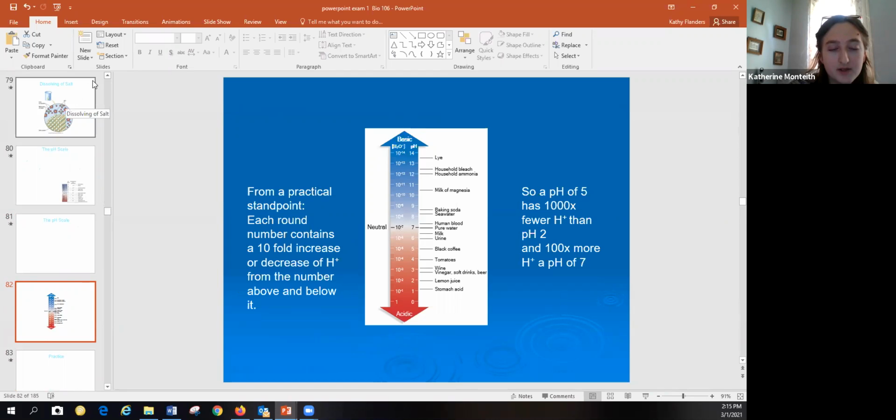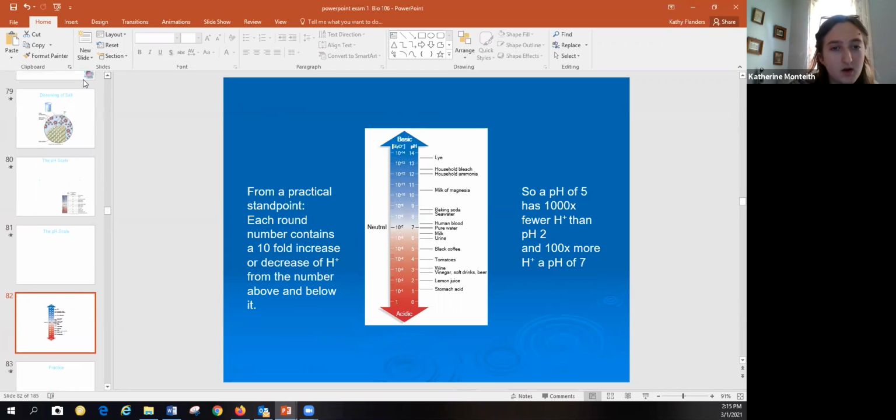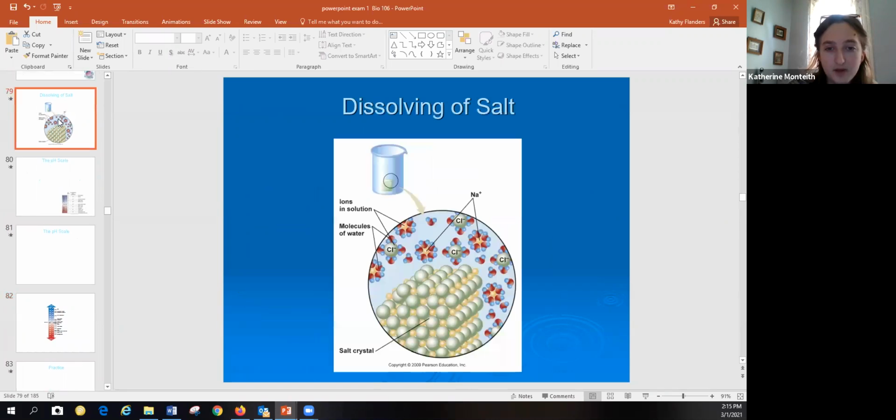When the salt goes into the water and it becomes a solution, were there different titles of what the salt was and what the water was before? Yep. Remember, solute is what dissolves.